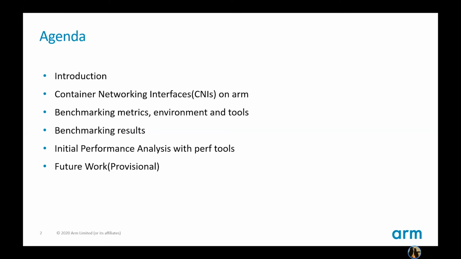The core part is the benchmarking metrics, the environment and the tools, and the benchmarking results. We would also like to present some initial performance analysis with the perf tools, and we will talk about some future work considerations.